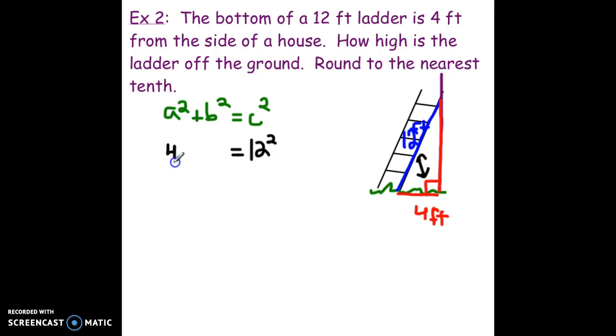This time I'm going to go ahead and replace the A. So I've got 4 squared plus B squared equals 12 squared. 4 squared is 16. 12 squared is 144.